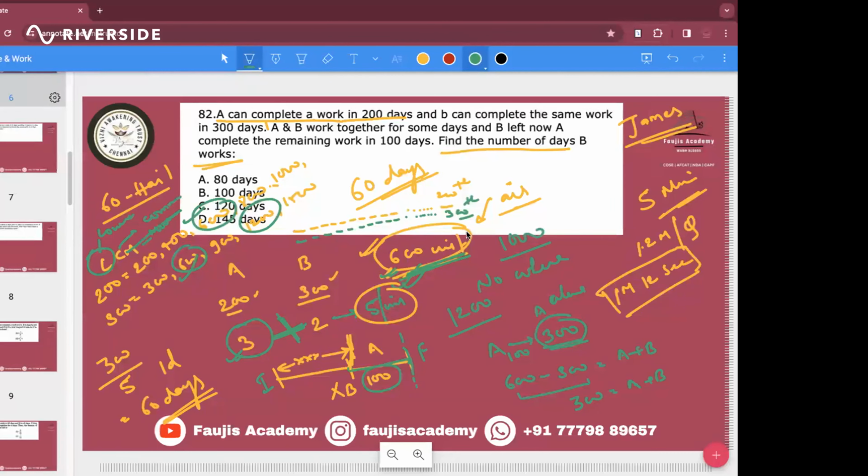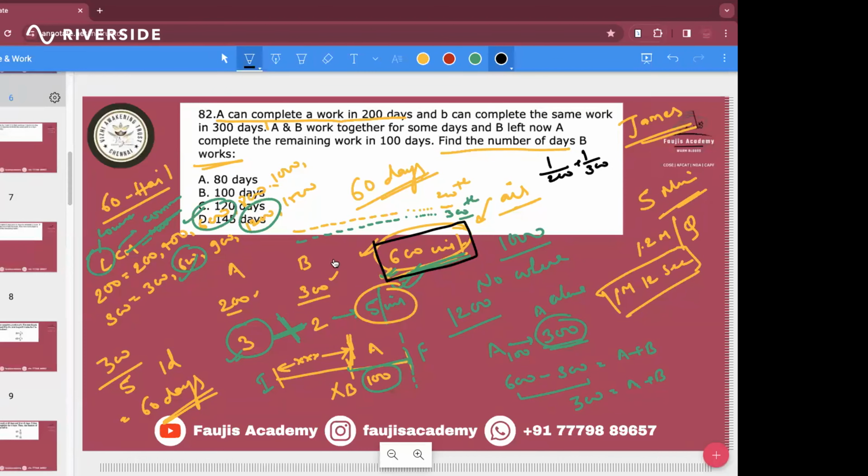Now, we have taken the LCM, the lowest common multiple of A and B, and assumed a number from it. This exercise of assuming 600 as a number is to ensure that our life is easy. Had you been finding one day's work as 1 by 200 plus 1 by 300, that's a cumbersome process.